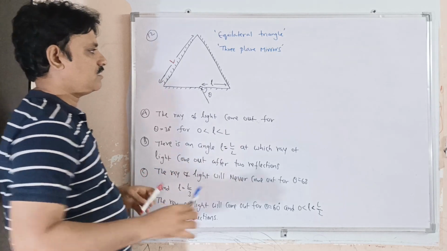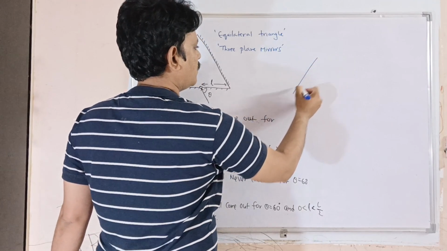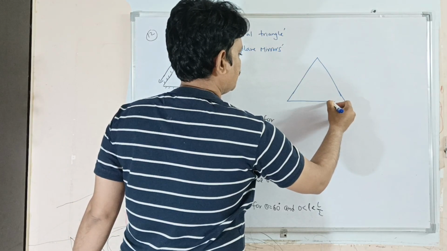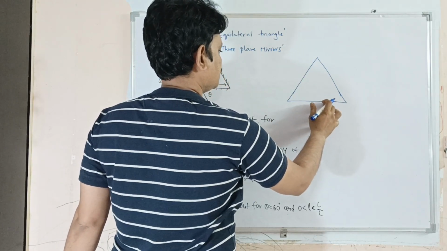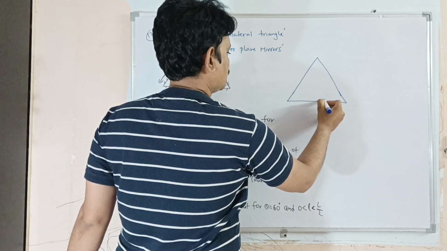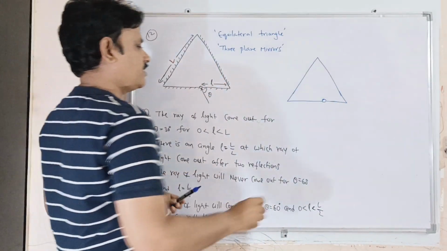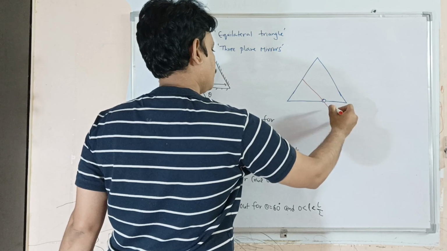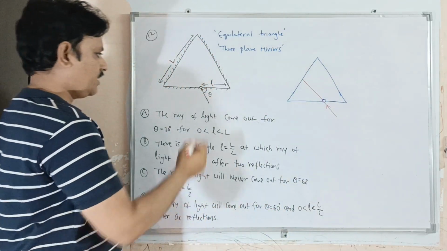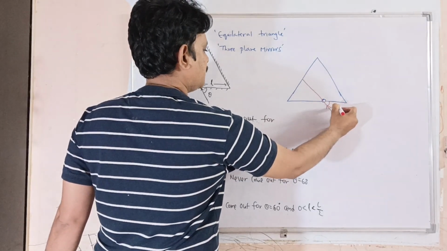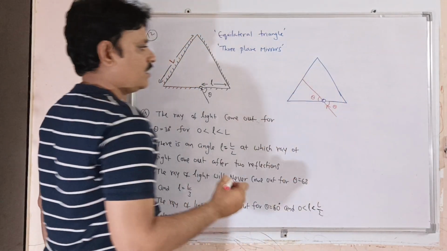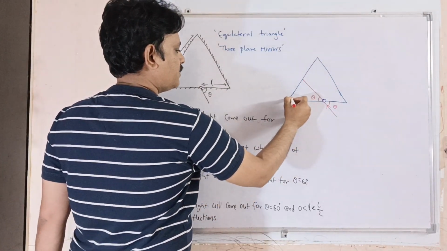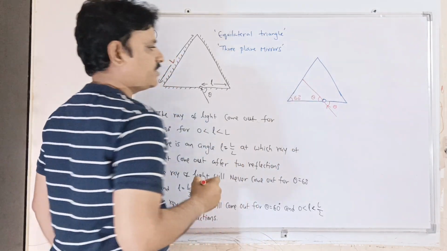Let us suppose the light ray gets into the triangle with an angle theta initially. Here this is the small opening. Through the small opening the light ray gets into the mirrors in this way. What is the angle here? The angle here is theta, and this angle is also theta, and this is an equilateral triangle, so this angle is 60 degrees.